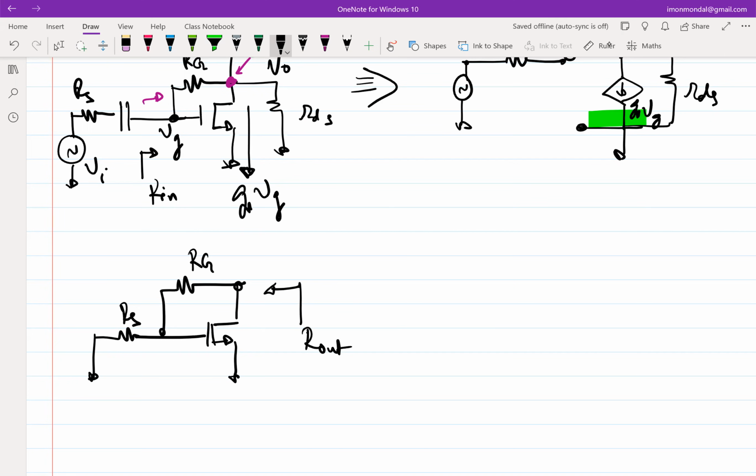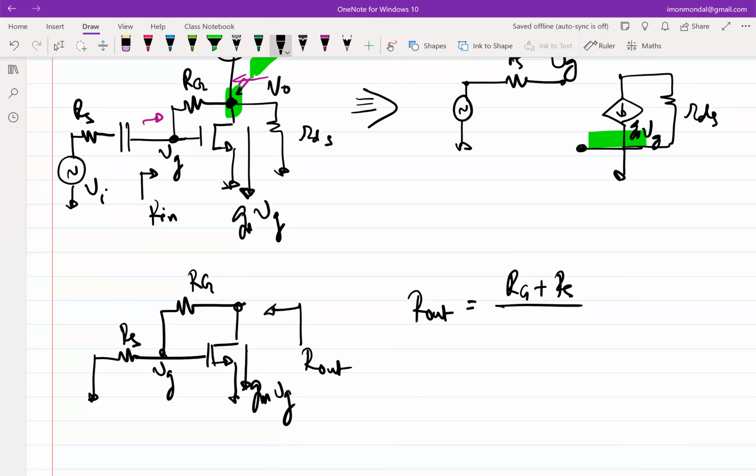Whenever you have this transistor, you know that this is a voltage controlled current source. And if this is Vg, there will be a current of incrementally Gm times Vg. So what will be Rout? Calculate Rout and tell me. Yeah, 1 plus GmRs. Okay, fine.